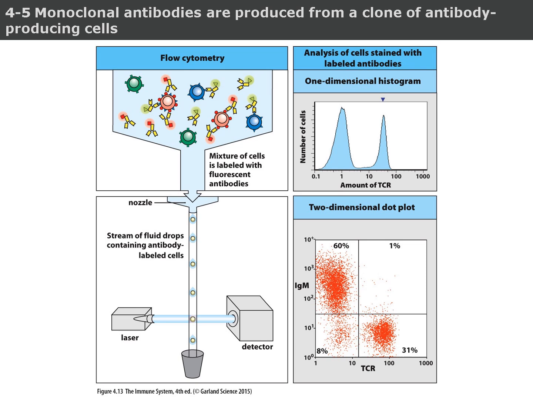The data collected allows for detailed analysis. In the one-dimensional histogram shown at the top right, cells are counted based on the level of a single marker, T-cell receptor. Peaks represent cell populations with different expression levels. The two-dimensional plot below that provides a more complex analysis, showing how cells distribute based on two markers, IgM and TCR.